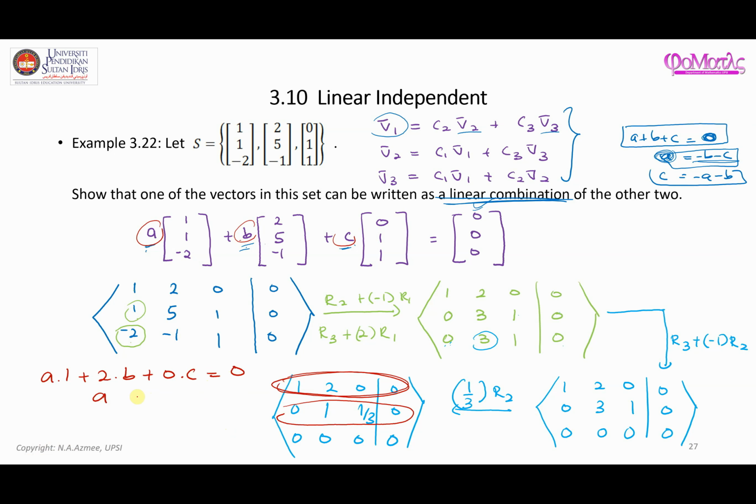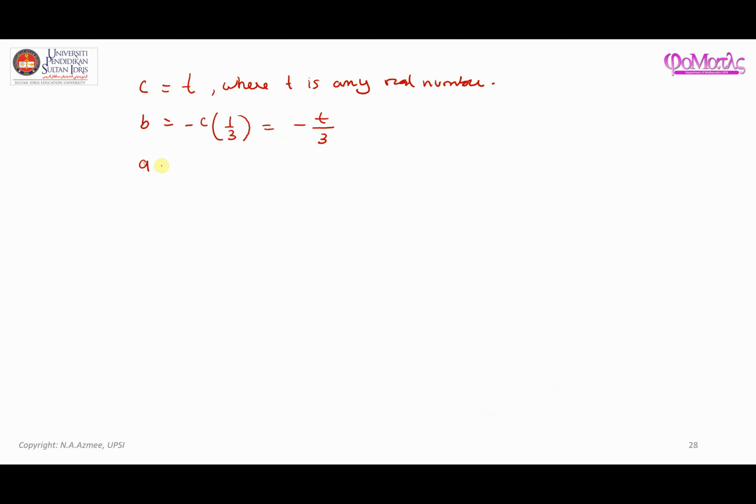So we have A plus 2B is 0. Therefore, A is equal to negative 2B. So A is negative 2 times negative T over 3, and that becomes 2T over 3. So this is the solution of A, B, and C.